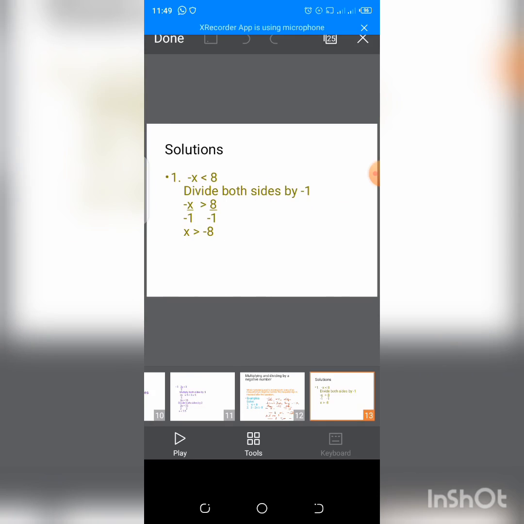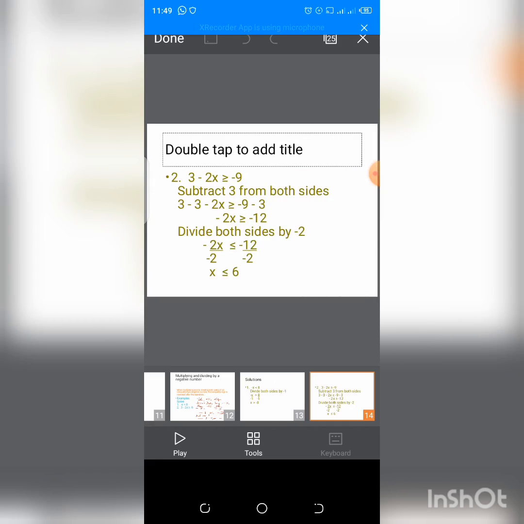We have 2 examples to consider on that. The first one, we have minus x is less than 8. Then we divide both sides by minus 1 in order to get the value of x. In dividing both sides by minus 1, a negative number, we have x is greater than minus 8. So the inequality sign has been reversed from less than to greater than. The second one, we have 3 minus 2x is greater than or equal to minus 9.